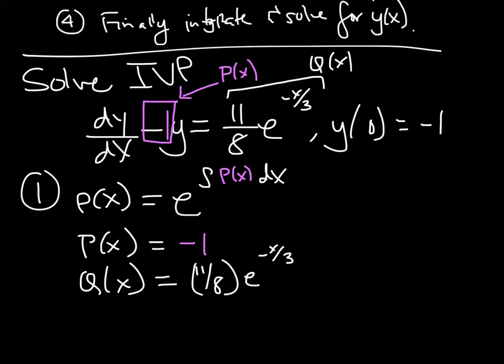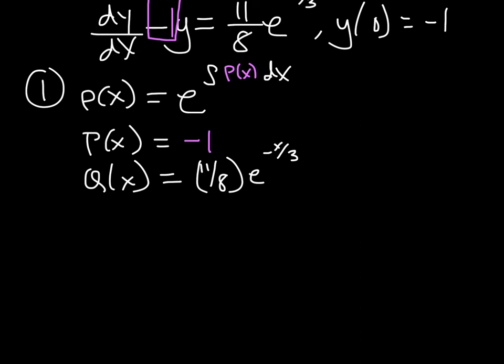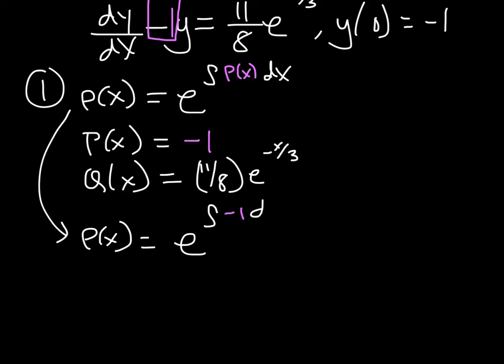Okay, so again, this is called an integrand, and my integrand is -1, which is a very easy integral. So I'm continuing with rho of x equals e to the integral of -1 dx. And if we integrate this guy, this is very easy, e to the negative x.